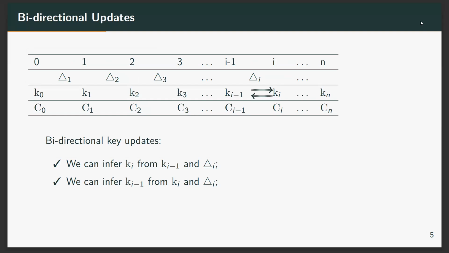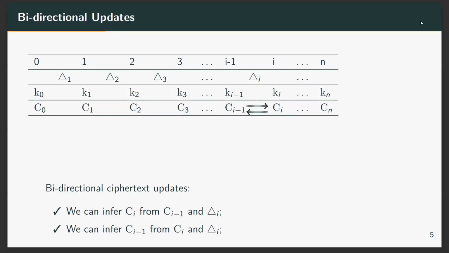If the adversary gets the old key and the new token, and can infer the new secret key, that's usually called the forward direction. The backward direction means if the adversary gets the update token and the new key, it can infer the old secret key. Bidirectional means both directions are possible.